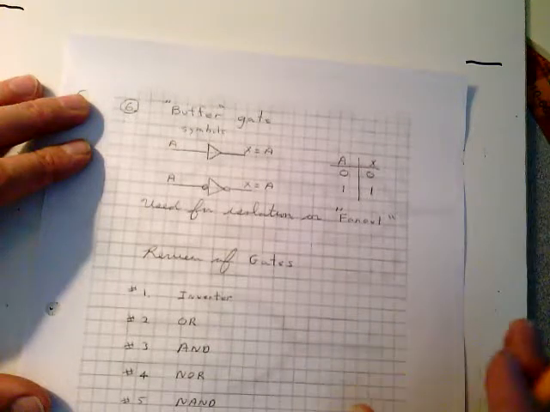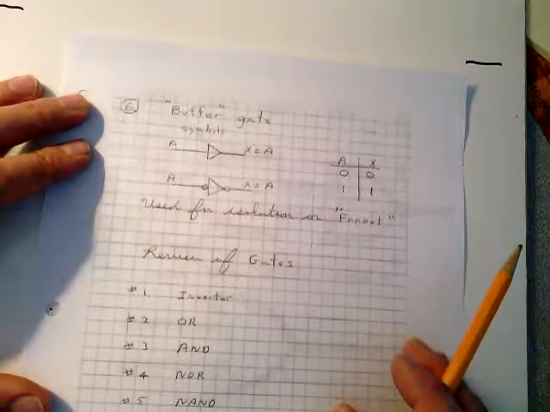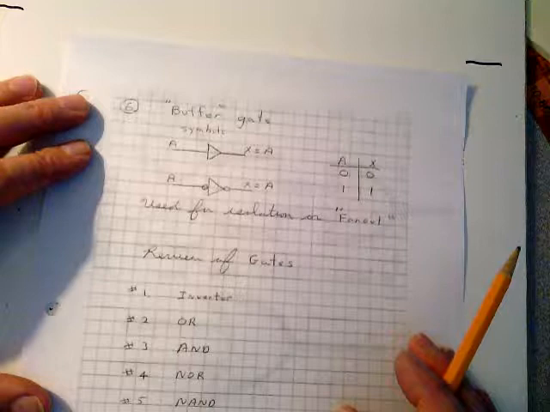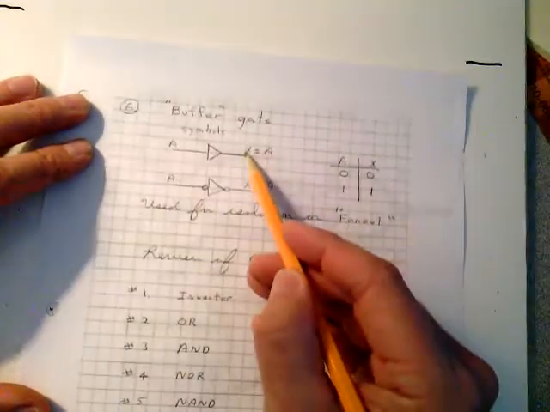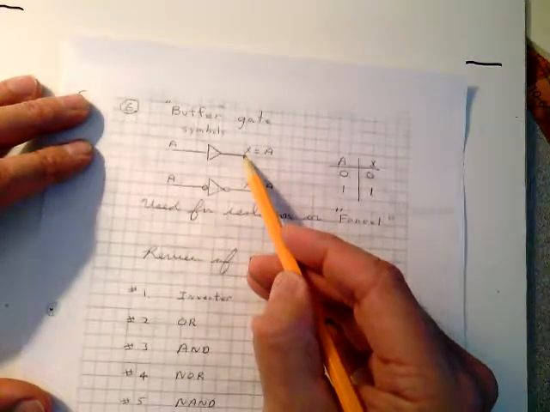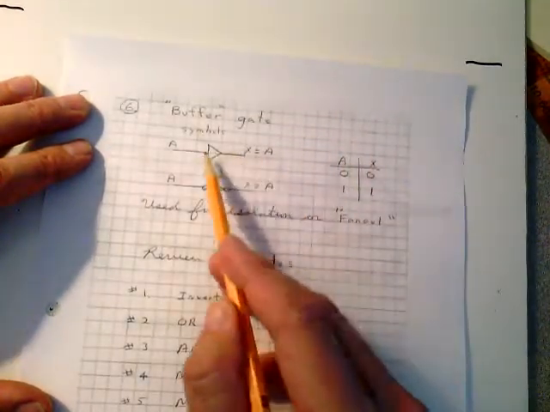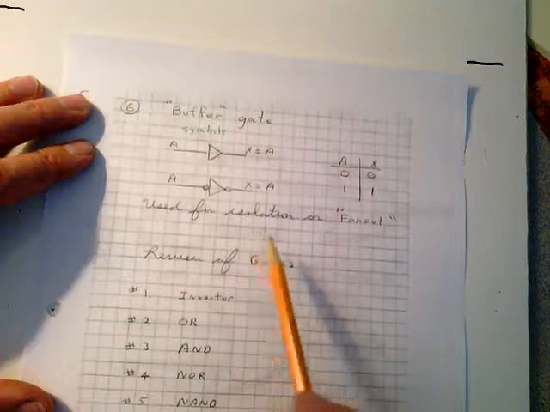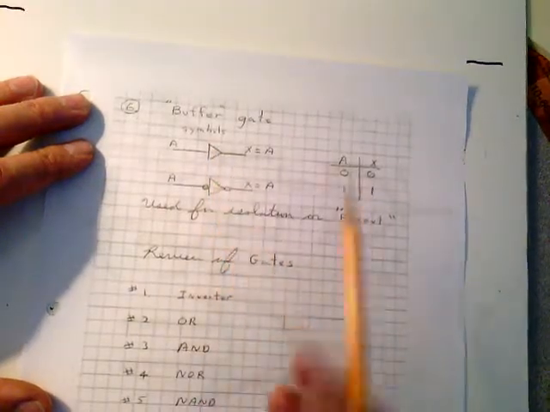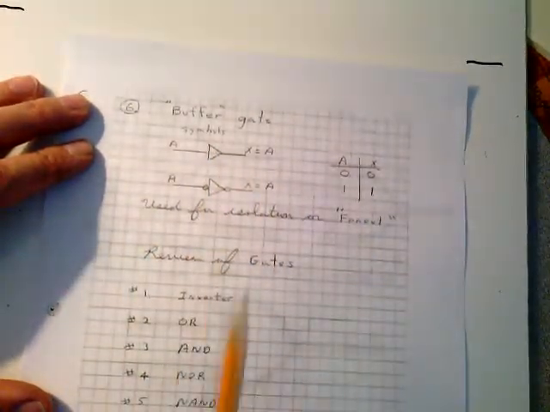Some of them are limited to 10, some to 20, and some you can take to 1,000 different inputs. But you have to be able to isolate the outputs, and that's what the buffer gate does. We'll talk about that later on.